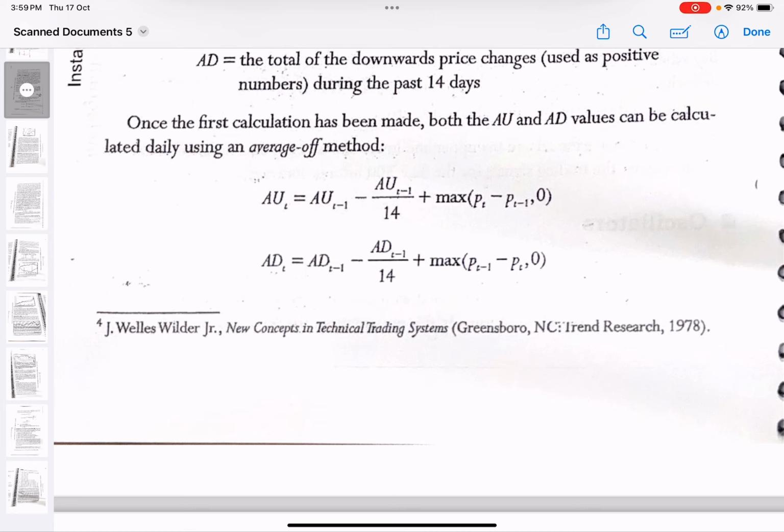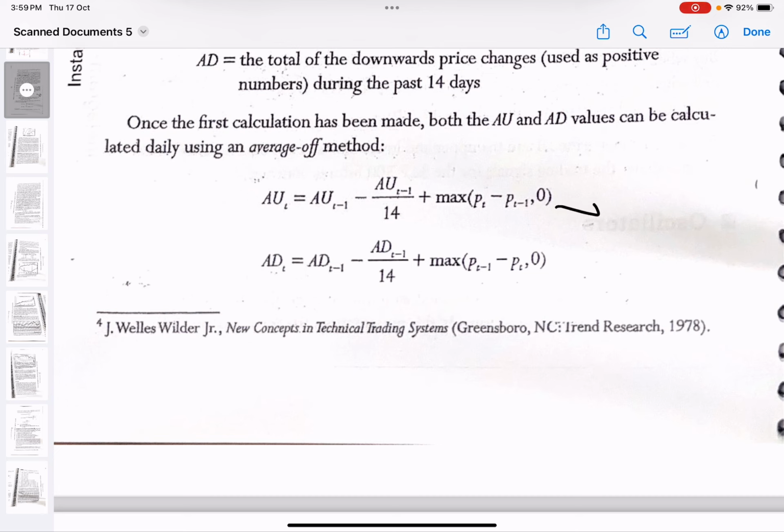AU of today is going to be equal to AU of t minus 1, which is the previous day, minus AU of the previous day divided by 14, plus the maximum value of today's price minus yesterday's price, and 0. What is MAX?